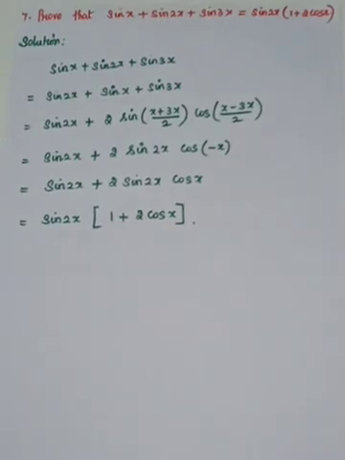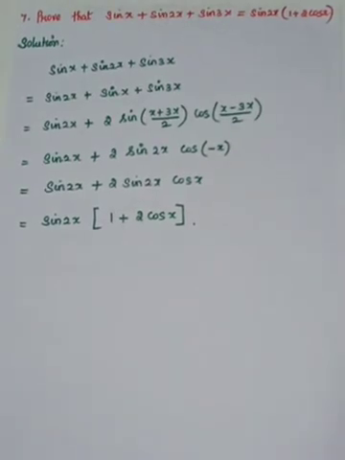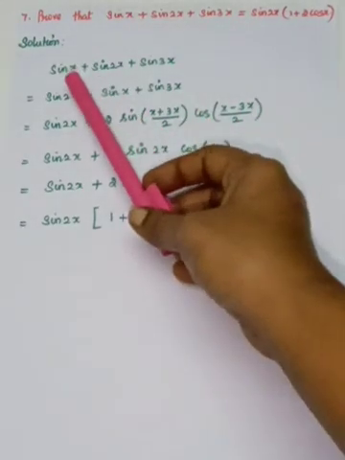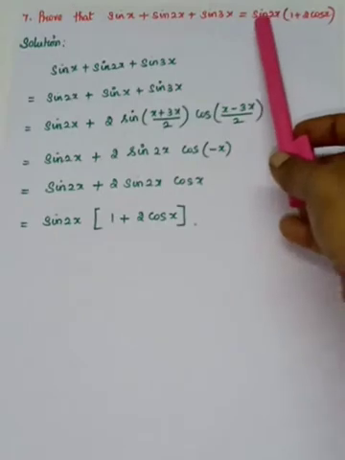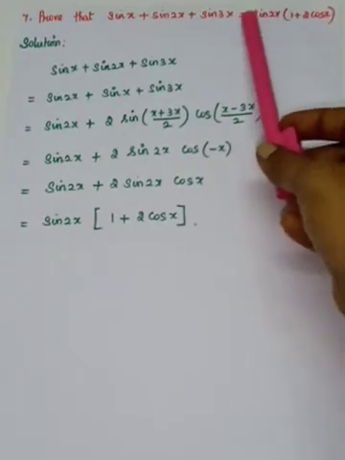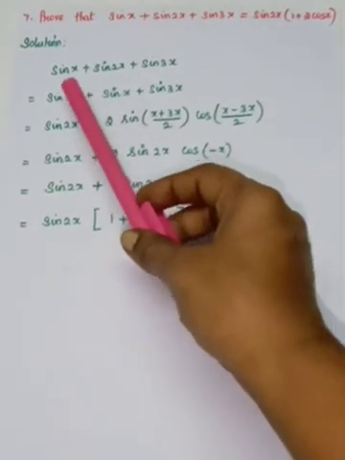Prove that sin x plus sin 2x plus sin 3x is equal to sin 2x into 1 plus 2 cos x. Okay, take the term sin x plus sin 2x plus sin 3x. In the answer you are having sin 2x, so I am not going to change sin 2x.